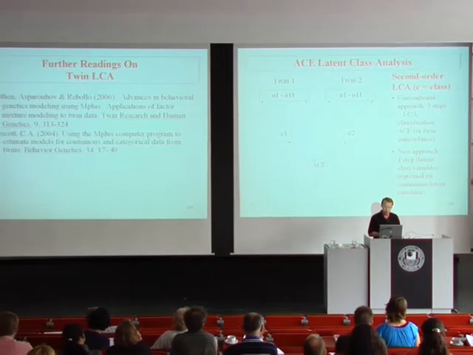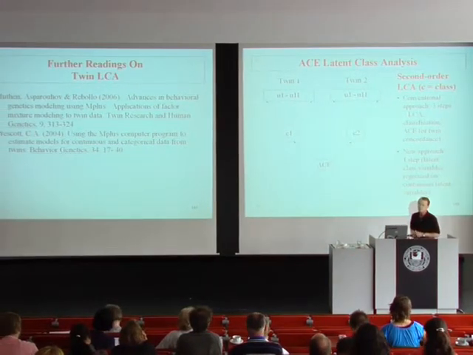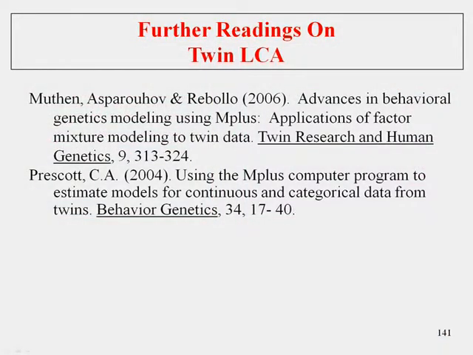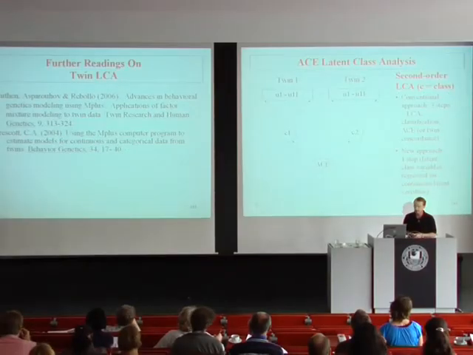If you want to read about basic things about twin modeling, you can read Prescott's article in Behavior Genetics, where she looked at twin modeling for categorical observed variables. And then we have another article in Twin Research and Human Genetics on using categorical latent variables as well. So you may want to take a look at that.